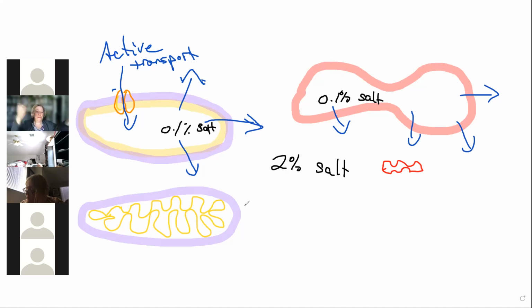They do move ions back and forth, and in A&P, you're going to learn more about that. That's why we do not give patients a 2% salt solution IV. Those of you who are in healthcare, what kind of solution do we give patients? We call it physiological saline.